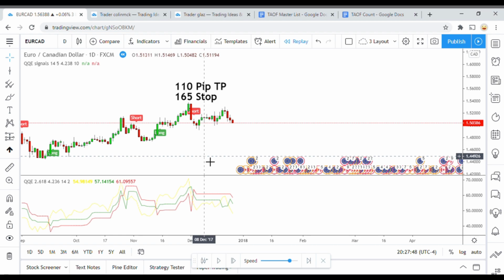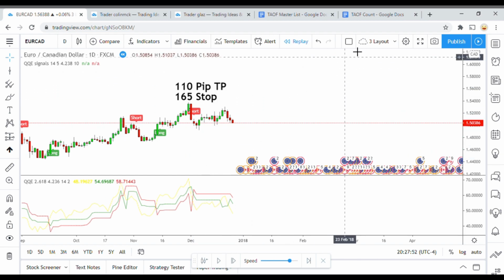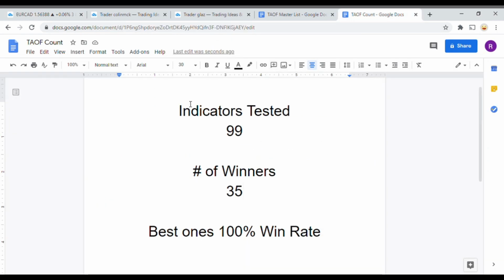Alright, as I said, today we will be testing the QQE indicator. But before we do, I wanted to put the indicator scoreboard up for everyone to see. To date, we have tested 99 indicators, and out of those 99, 35 of them have been winners, which means that they have met or exceeded the 60% win-loss ratio threshold that we have set for them.